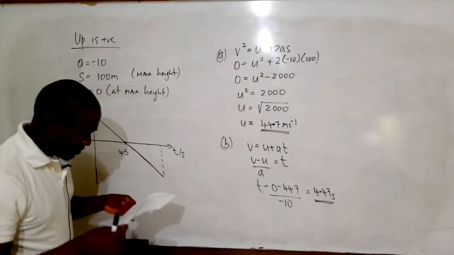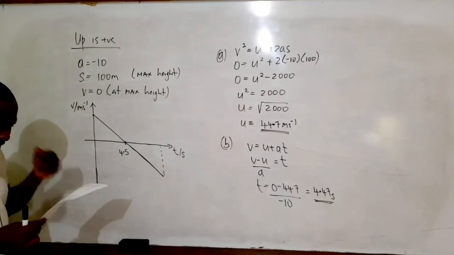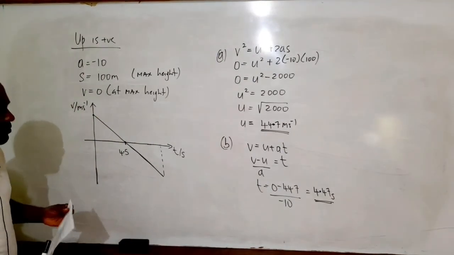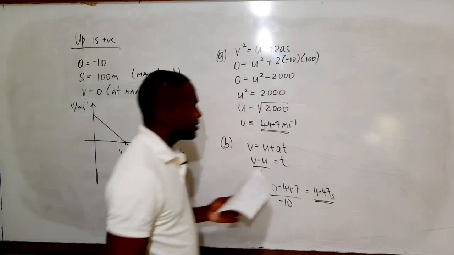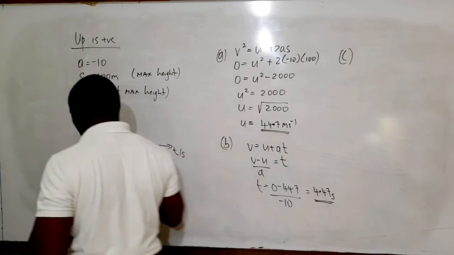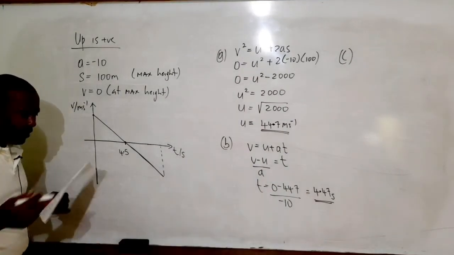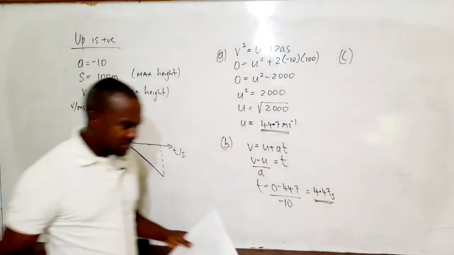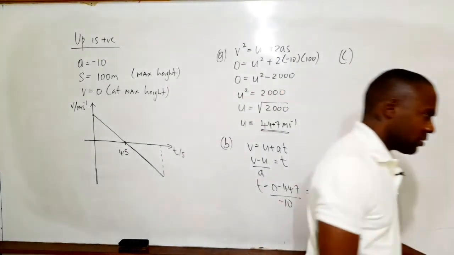Part C, the velocity of the arrow when it is 55 meters above the ground moving upward. So part C, they want us to find the velocity of the arrow 55 meters above the ground moving upward. Now, why is the direction important?